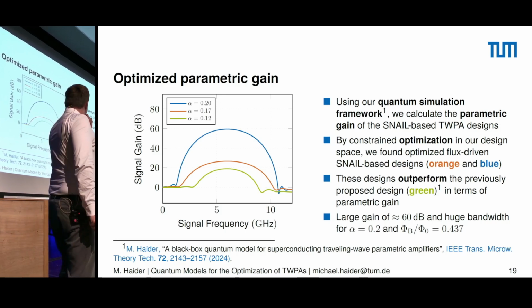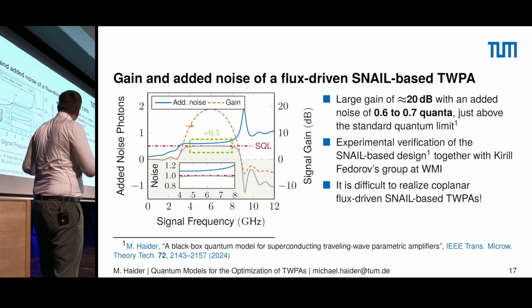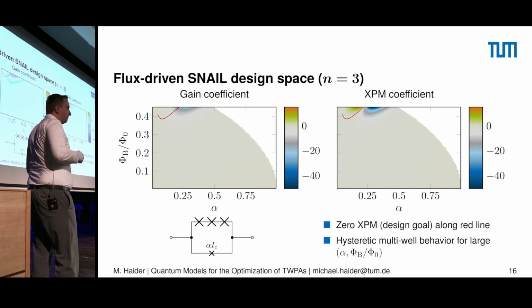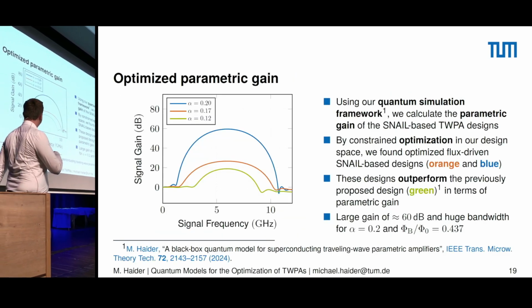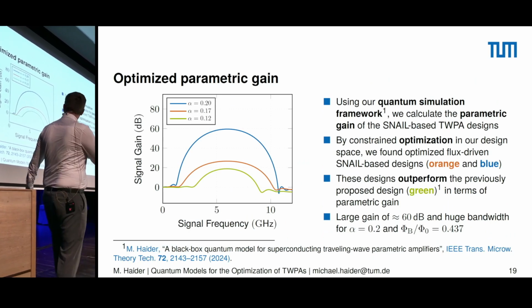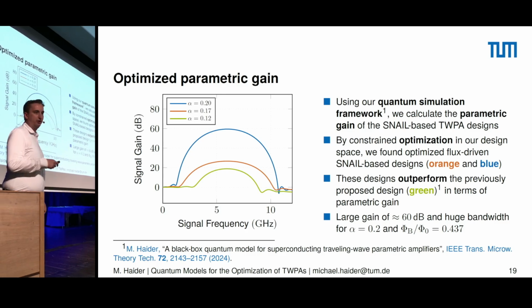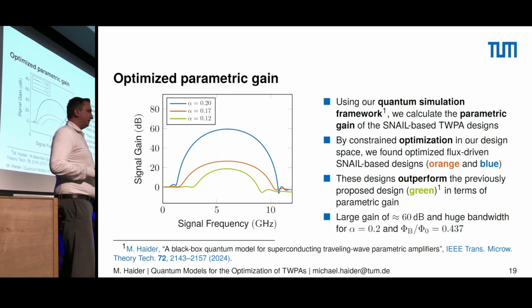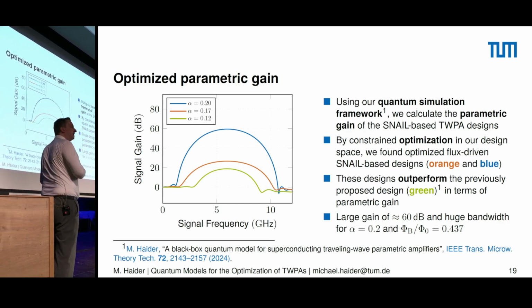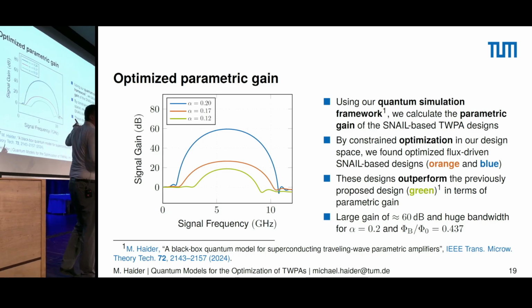Okay, then if we outperform this device, we go into the regime where we get maximum gain. Our theory predicts kind of the holy grail TWPA: 60 dB, bandwidth of 8 gigahertz. However, again, back to what I said previously, I wouldn't trust these results.